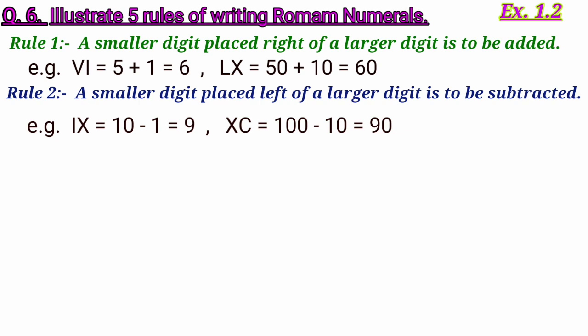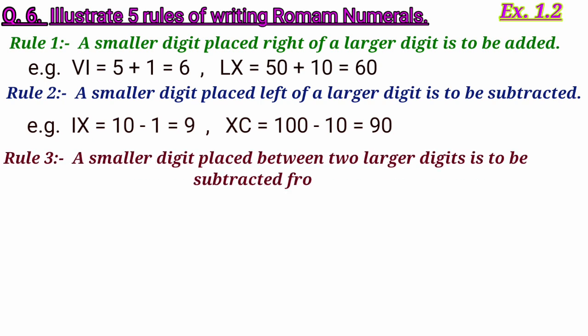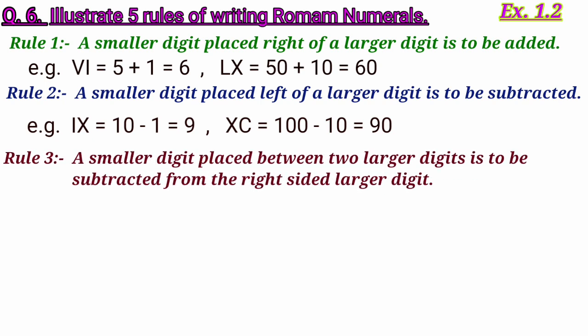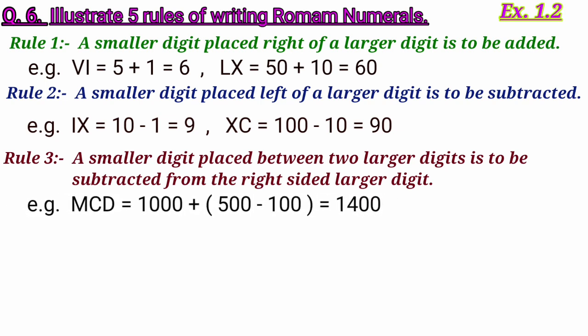And then the third rule is, if a smaller digit is placed between two larger digits, then that smaller digit is to be subtracted from the right-sided larger digit, and then only we will have to add. Okay, this is another rule. And rule number 4 is, V, L and D are never to be repeated.